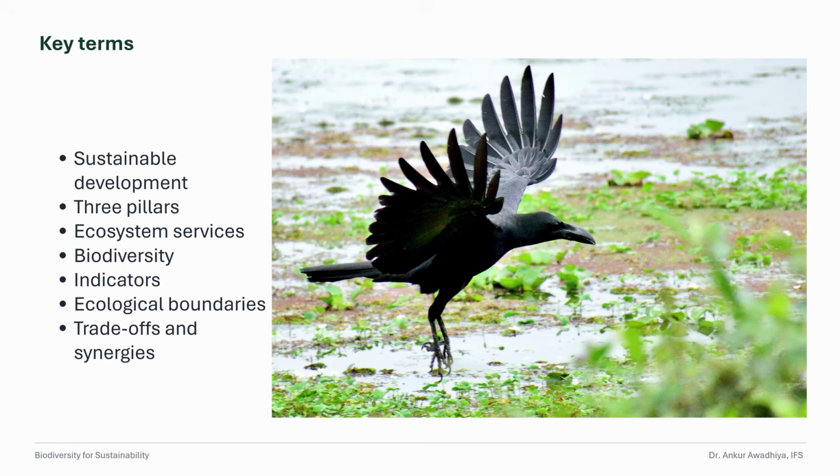Indicators support rigorous assessment. Ecological boundaries remind us that natural systems have real limits. And trade-offs and synergies describe the kinds of choices that appear in every realistic case. These terms now carry meaning through the cases we have examined together, not only through their definitions.